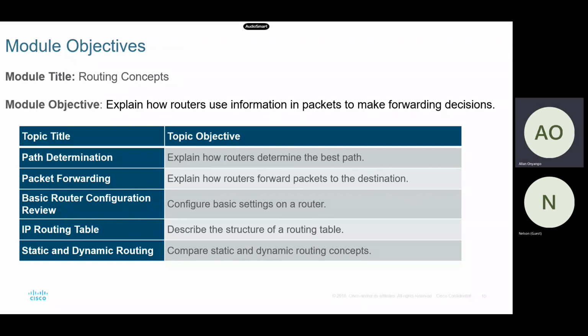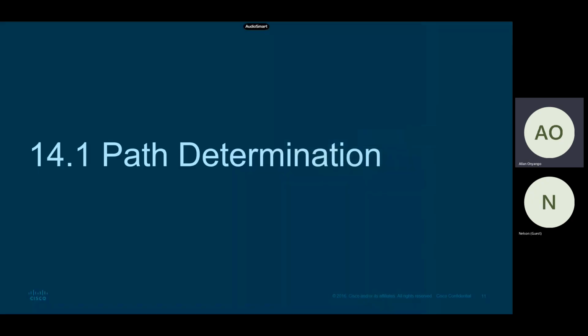When it comes to routing of the router, we are going to talk about yet another table, and this table is called the routing table, right? And then we'll compare both static and dynamic routing concepts. So let's start with what's called path determination.